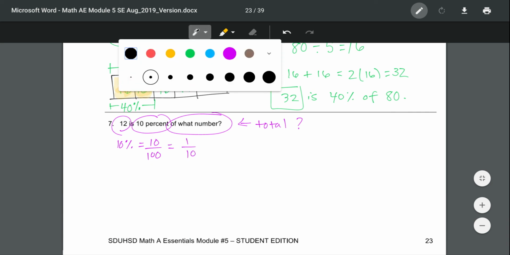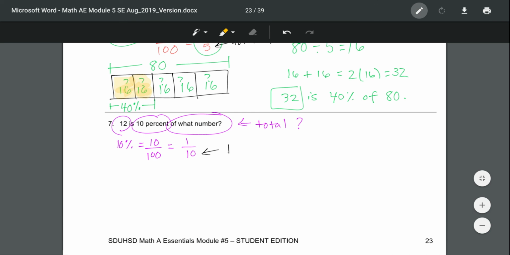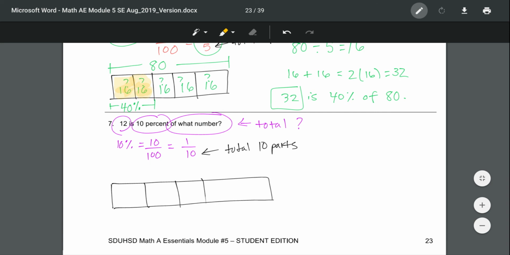So we're going to break our bar model into tenths. Okay, so you're going to take a bar model, and I would break it into fifths first, and then break each part in half, so I have 10 parts.